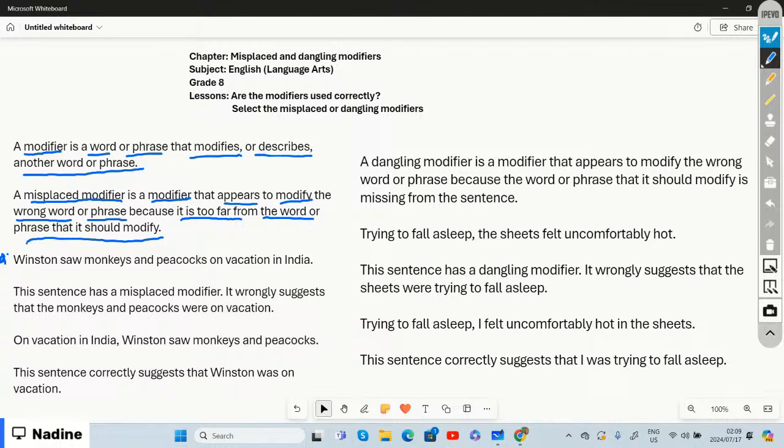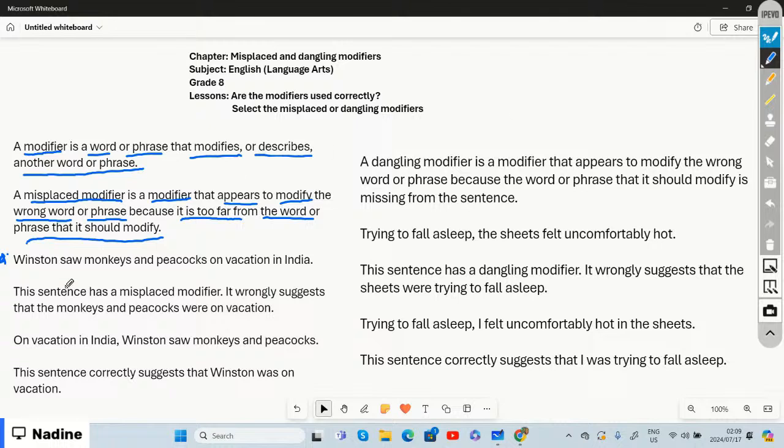So the next one is now where we correct the sentence. If we correct the sentence, we say, on vacation in India, Winston saw monkeys and peacocks.